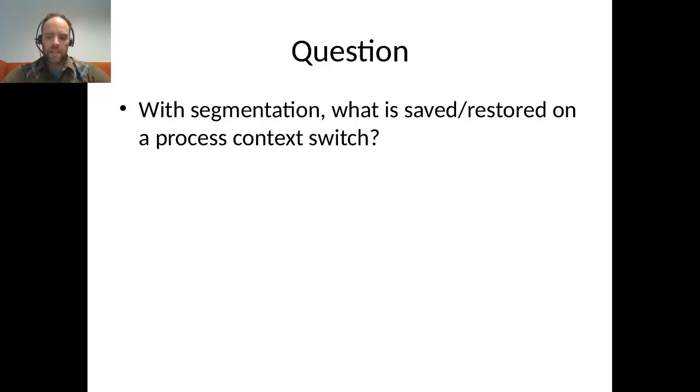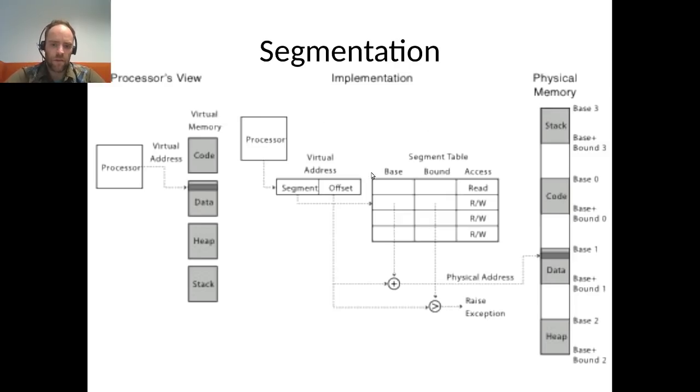But if we're using segmented memory address translation, then we also need to store the segment table. We need to store the entire segment table for each process. Now, these segment tables aren't very large. For example, the minimum is that we have a code segment, data segment, heap segment, and a stack segment for a typical C program.